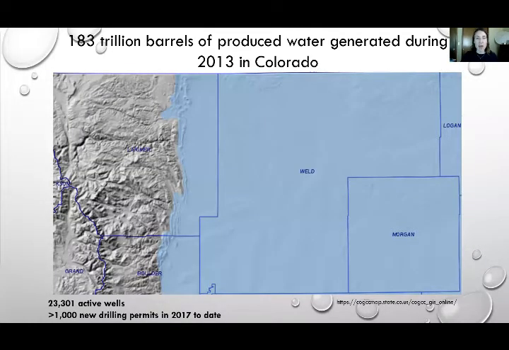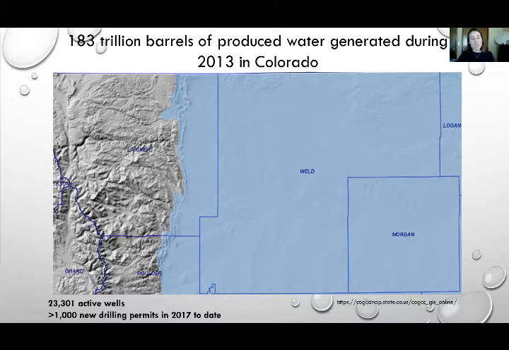Okay, so here's another map of Weld County. Let's see, in Colorado in general, back in 2013, 183 trillion barrels of produced water were generated. And so, as I said, some of that water is reused. Some of that water is re-injected into these Class 2 injection wells, where they're put back into a fracked shale or sandstone formation.